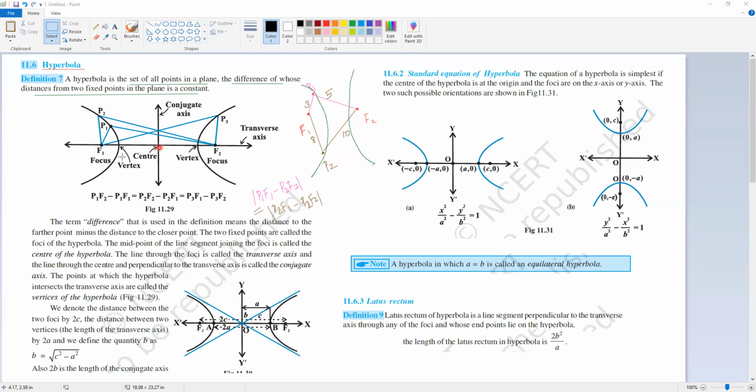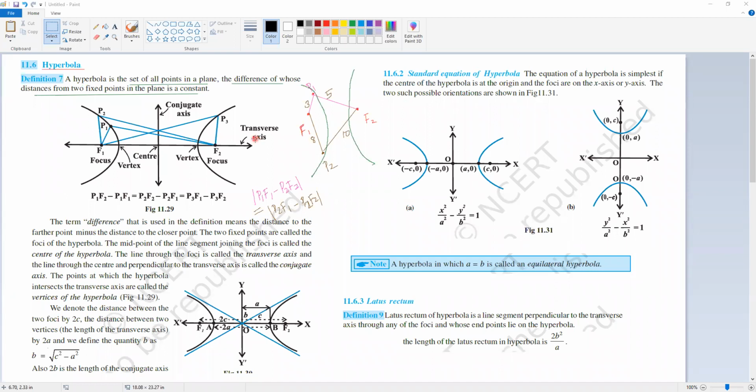You can join F1 and F2, and the midpoint of that segment we call the center, same as in the ellipse. The line passing through both foci and the center is known as the transverse axis.